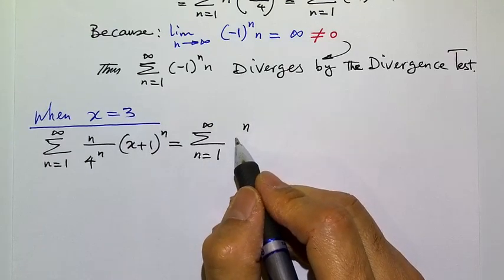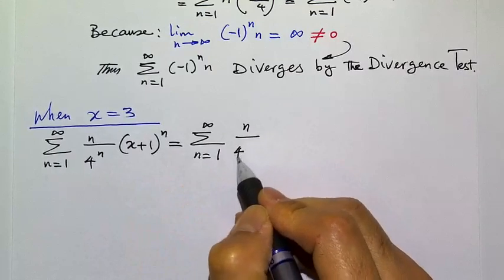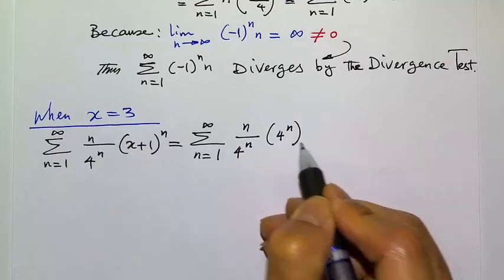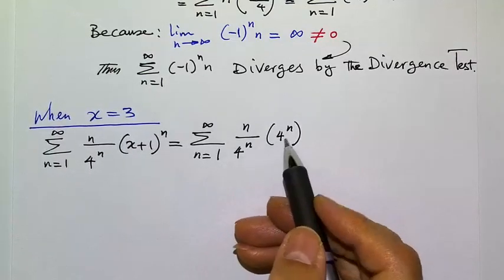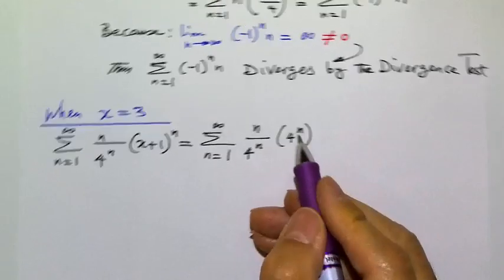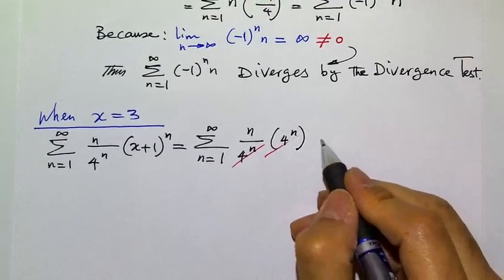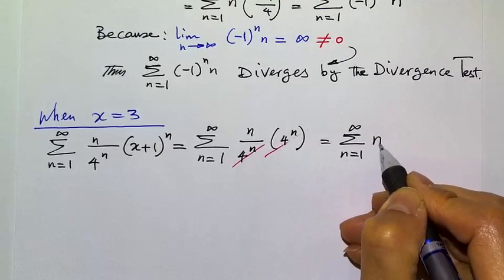So n over 4 to the n times 4 to the n. And then therefore, this and this cancel each other out, right? These two. So this and this cancel each other out. We get this series.